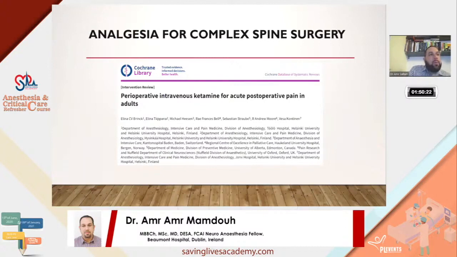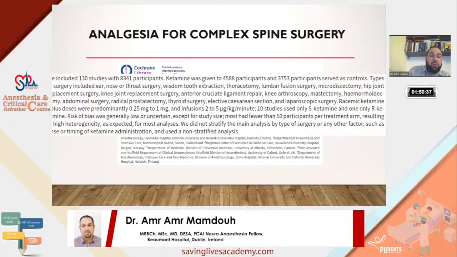I remember when we were discussing that we cannot use that with the neurophysiologic monitoring. Yes, and with these patients, we tend to use it after we finish and confirm everything, or even in the post-operative period, because this is one of the brilliant systematic reviews and meta-analyses that has been done.